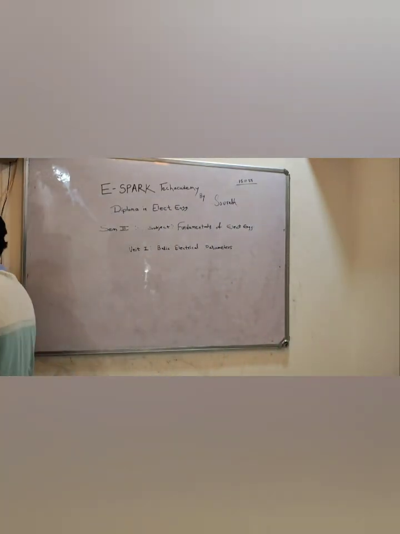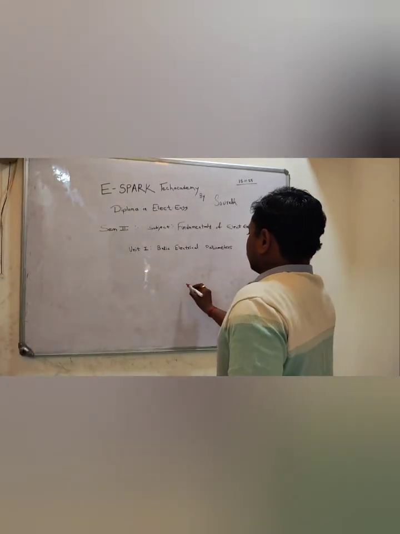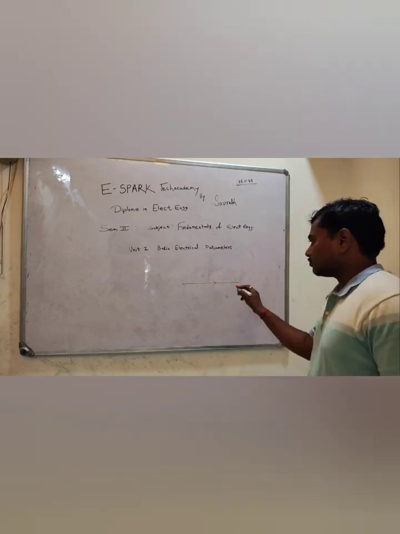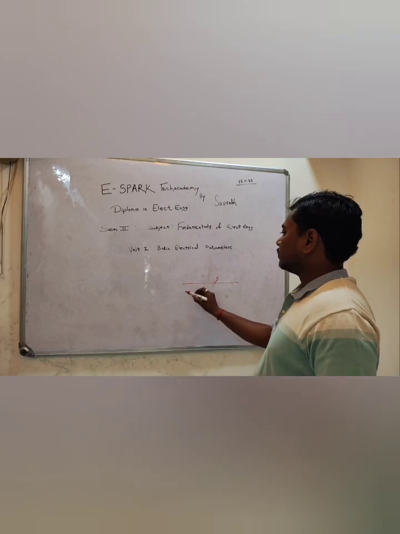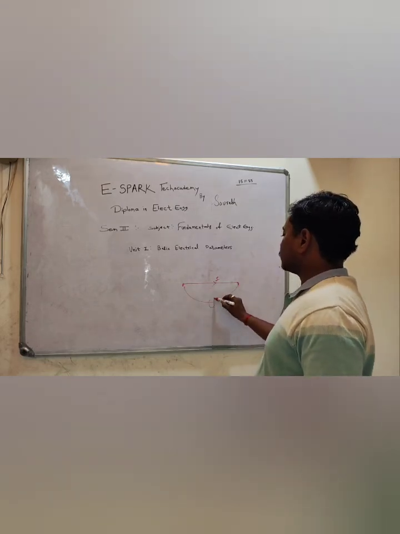Now we will be dealing with the magnetic effect. When current is flowing through a conductor, it produces a magnetic field. This is a conductor, and the current is flowing through it when you apply some sort of voltage across it.